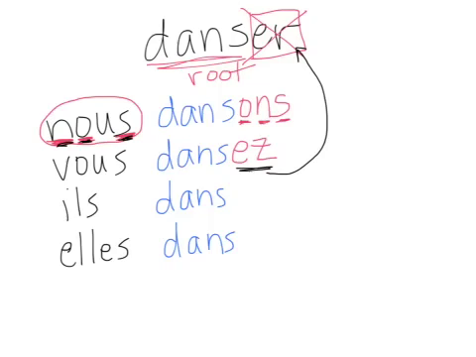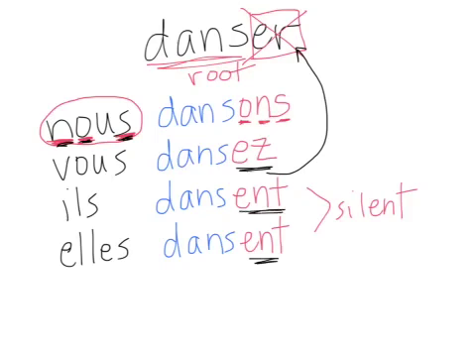Lastly, we have the il and elle pluriel endings, which are E, N, T. Although those endings are silent, be careful, we do have to write them correctly. What I've told you is that these two pronouns, of all the list of pronouns, are at the end of our list. So maybe that'll help you to remember how to spell them.